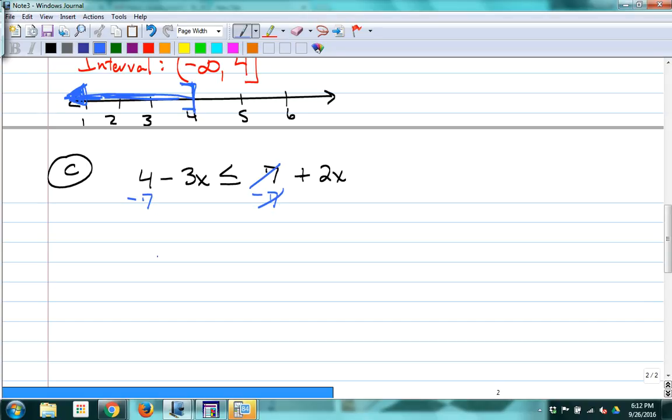That'd be 4 minus 7 would be negative 3 minus 3x less than or equal to 2x. Then you would add the 3x. Good. Negative 3 less than or equal to 5x. Last move.